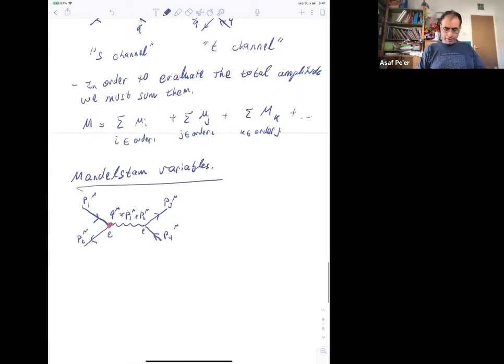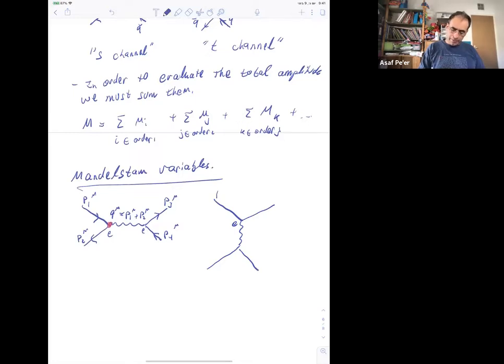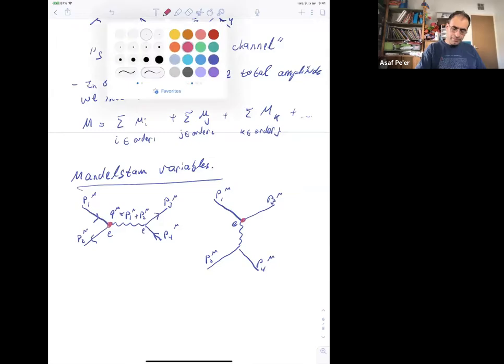And now we can look at the second diagram, the T-channel diagram. Again, we have two incoming particles, and I denote their incoming momenta by P1 mu and P2 mu, and the outgoing momenta by P3 mu and P4 mu. But again, I have conservation of the momentum at the vertex.